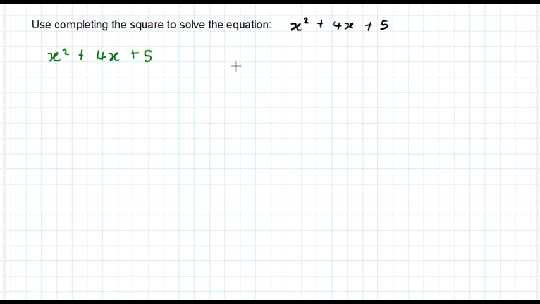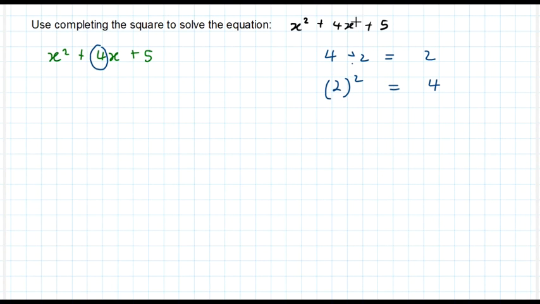The second stage is we need to identify the coefficient of x, which is 4. When we have identified the coefficient of x, we divide it by 2, we get 2, and after getting 2 we square it. Now we have 4.